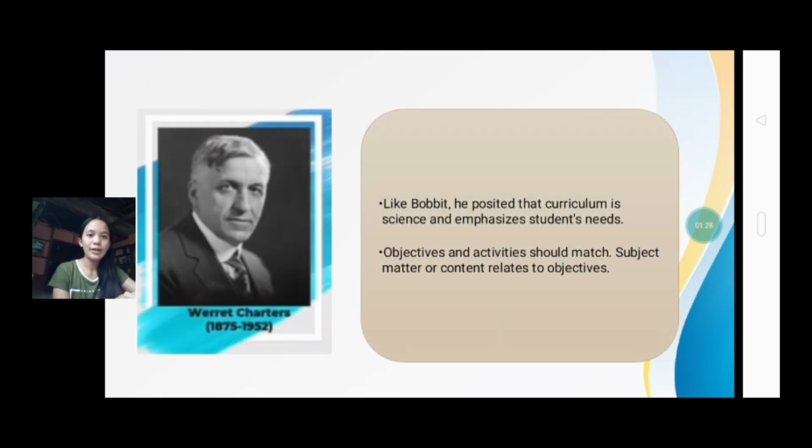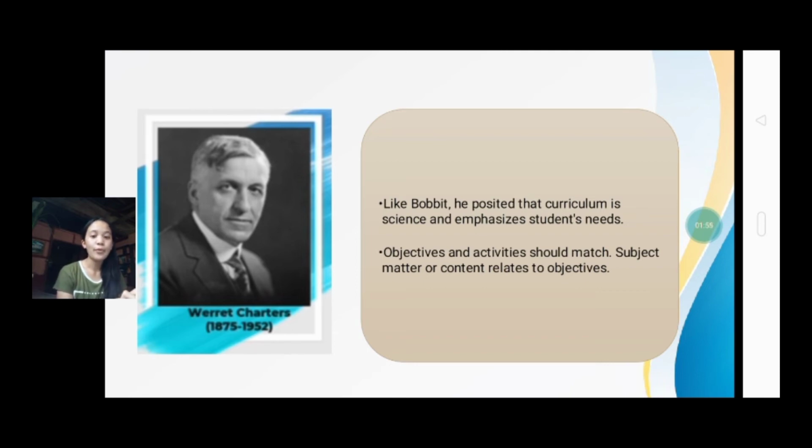So the second person is Warwick Charters, 1875 to 1952. Warwick Charters was born in Hartford, Ontario, in Canada. Like Babbitt, he posited that curriculum is a science and emphasizes students' needs. Objectives and activities should match, and subject matter or content relates to objectives.